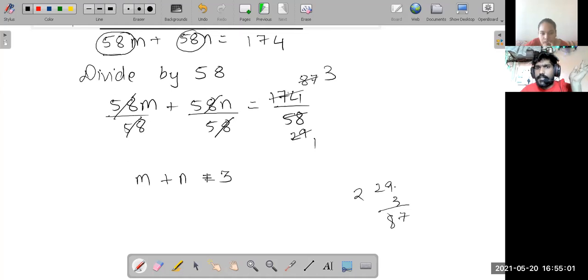Is this divided? 58 divided by 174 is 0.3. How did you get 0.3? The calculator is showing me 0.3. Do it again on the calculator.